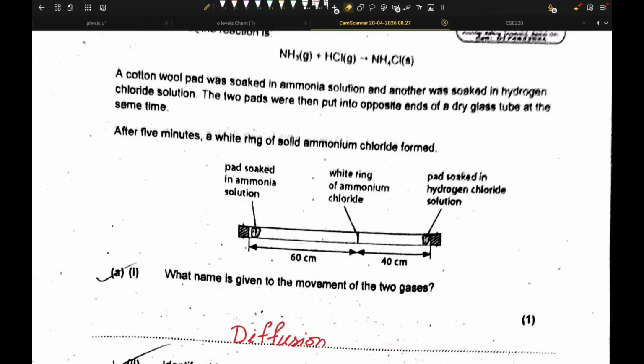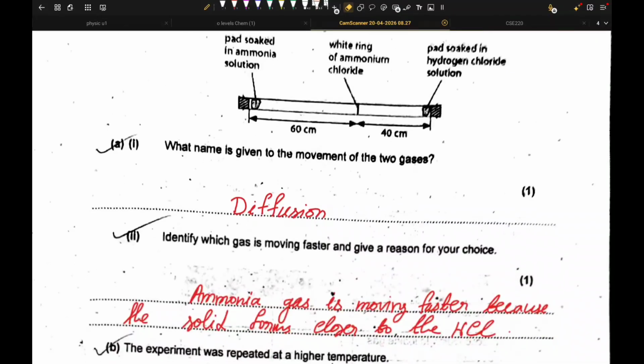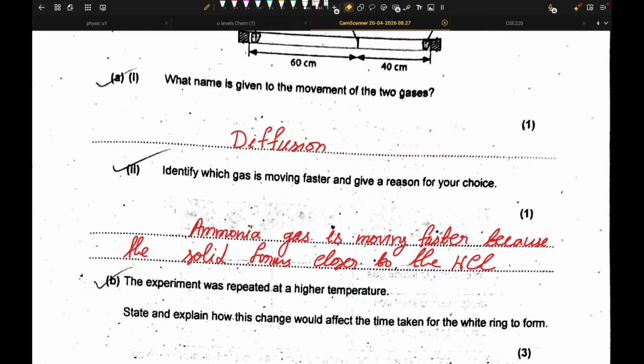Now, what is the process that is taking place in this whole thing? It's diffusion. Now, identify which gas is moving faster and give the reason.